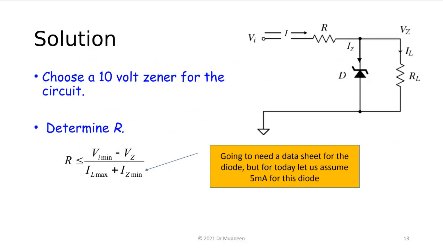So the first thing is that we need to choose a 10 volt Zener for this circuit. So you get the 10 volt Zener, and then from that, we have to calculate the value of the resistance to make the Zener function. Once you get the Zener diode, and we'll talk about that a little bit later on, you need to go to the data sheet for the diode.